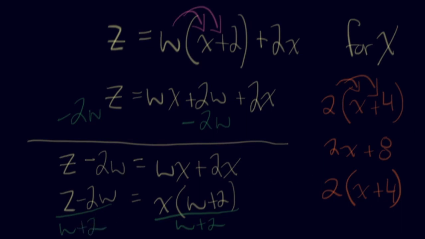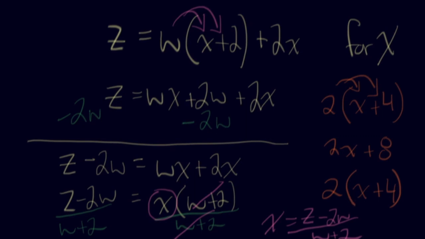What that does is it eliminates my w plus 2's and just leaves me with my little old x there. I know this looks kind of weird and scary, but that's your final answer. x is equal to z minus 2w all over w plus 2. Seems ugly and scary, but that is hardcore classic algebra coming right at you.